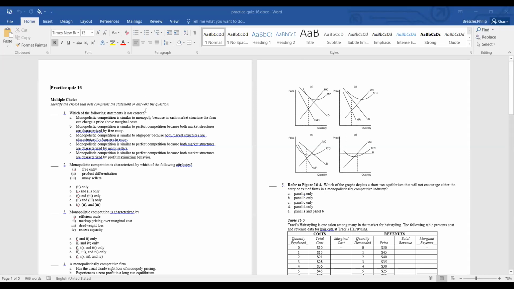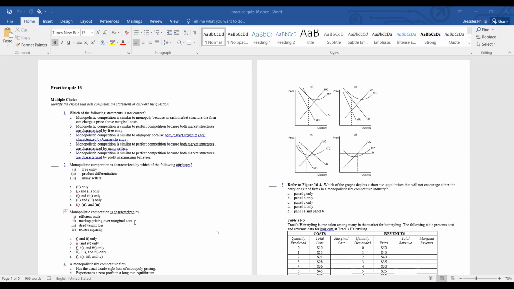Let's do three. Monopolistic competition is characterized by, okay, the first one's efficient scale. No, we're not productively efficient. We don't produce at the lowest ATC. Number two, markup over price. So yes, we take MR equals MC up to demand.